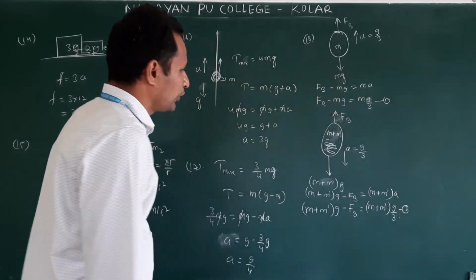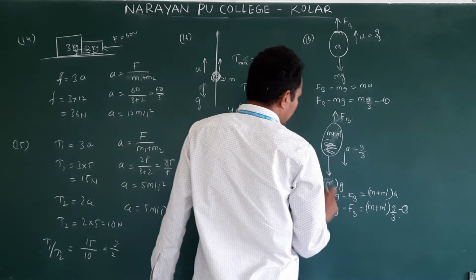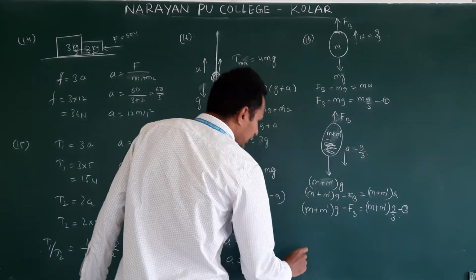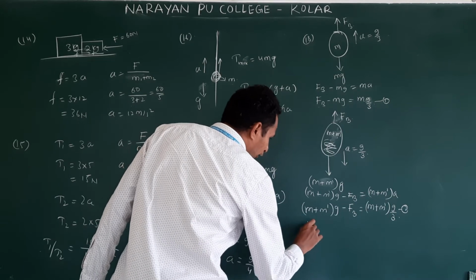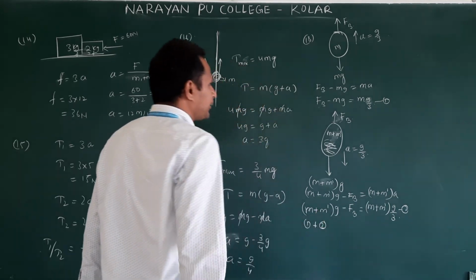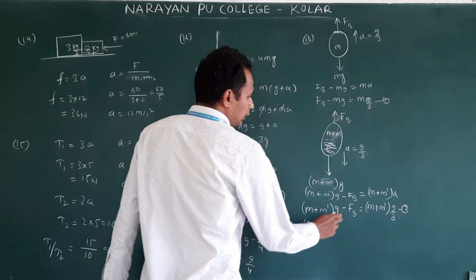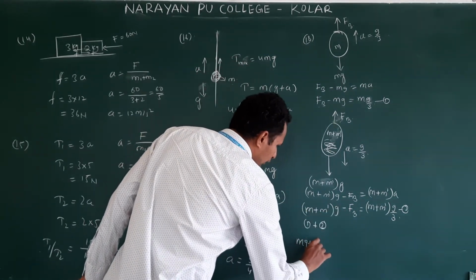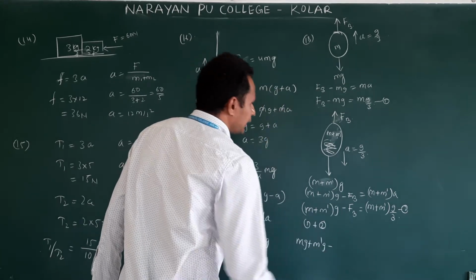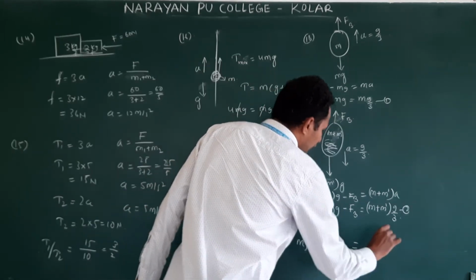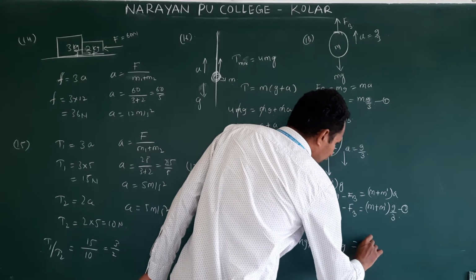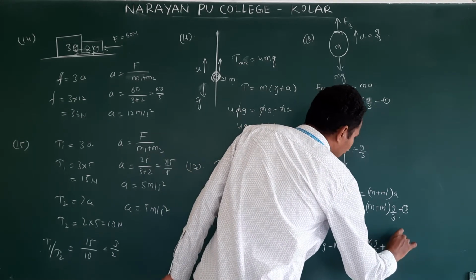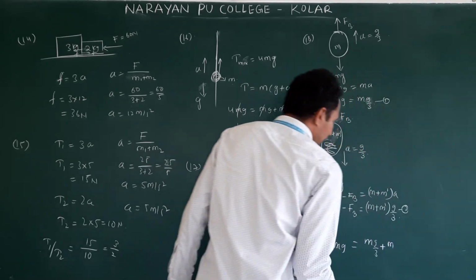If you add 1 and 2, plus Fb is there, minus Fb is there, so Fb will be cancelled. So mg plus m dash g minus mg is equal to mg by 3 plus m dash g by 3.